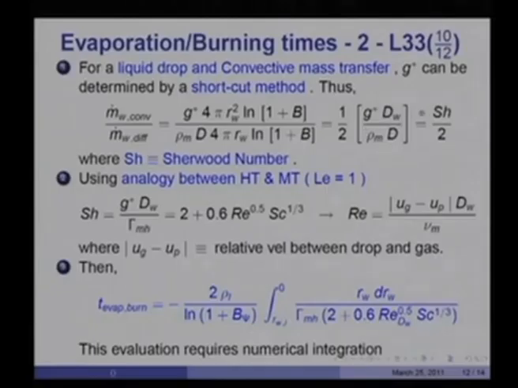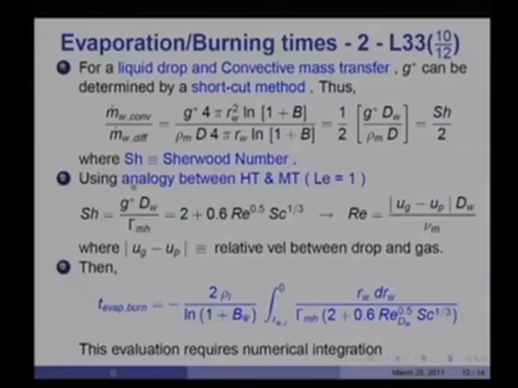like the Nusselt number, is called the Sherwood number. Yes, in mass transfer, analogous to the Nusselt number, we have a Sherwood number, which is essentially G star, the mass transfer coefficient, times the diameter divided by rho m D, which is the equivalent of the conductivity of the fluid.